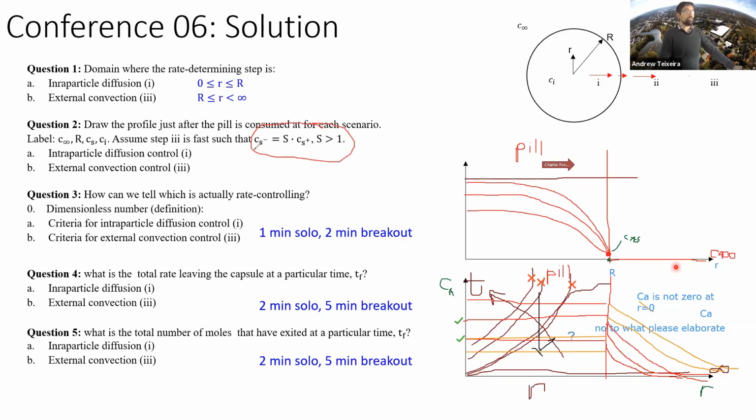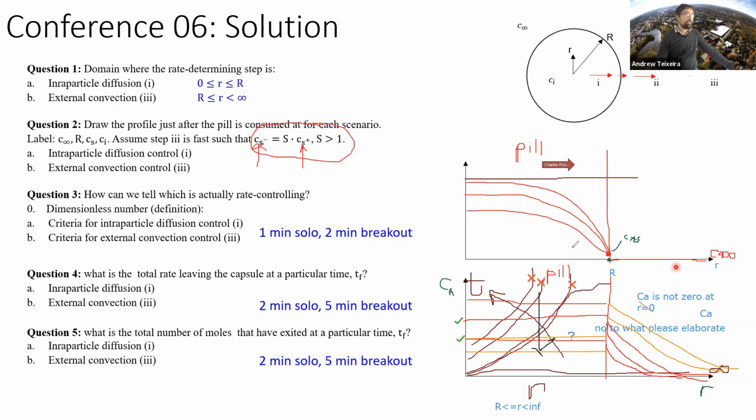So the surface concentration on the pill side has to be greater than the surface concentration on the liquid side, the fluid side, because S is a positive number greater than 1. So that means the pill side has a higher concentration than the liquid side, so that dot has to be greater than. Okay, good. I think this pretty much gets it there.